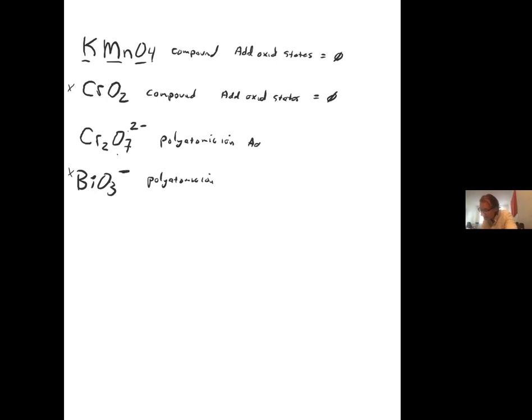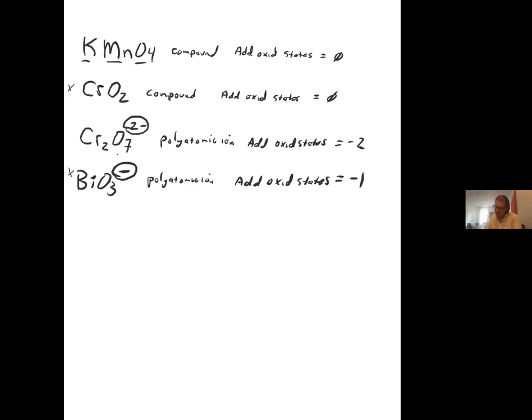So when you add the oxidation states here, they have to equal the -2. They have to add up to the charge there. Because again, in a sense, the oxidation states are measuring what the charges are. We're thinking of each atom as having a charge. And then the same thing here. If you add all the oxidation states, there's your charge. So it's got to add up to -1.